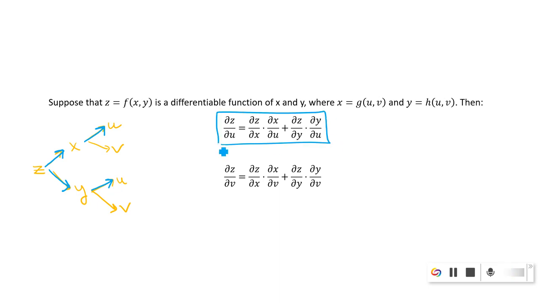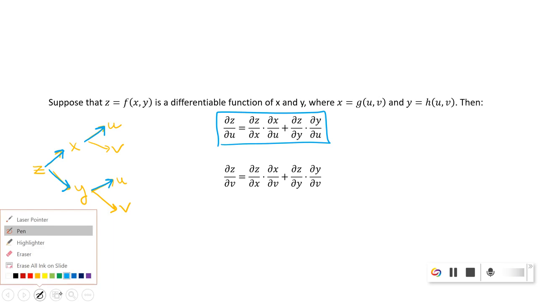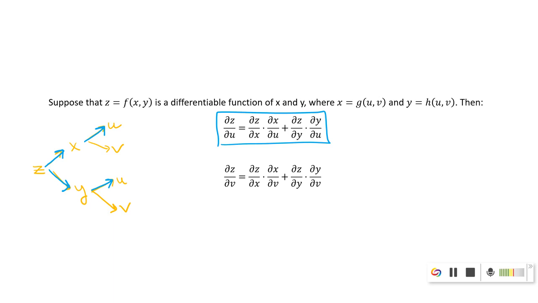And that'll give me my partial derivative with respect to u. If we want to find the derivative with respect to v, we would have to do dz/dx times dx/dv plus dz/dy times dy/dv. We'd have to do the branches that end with v's, basically.